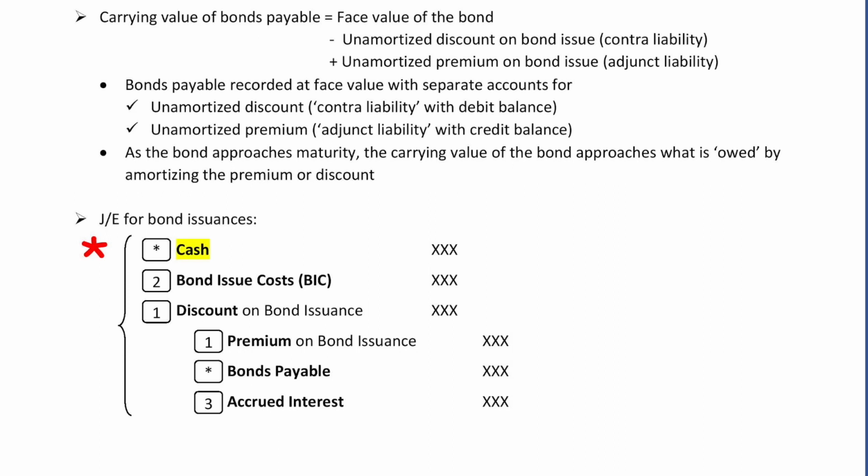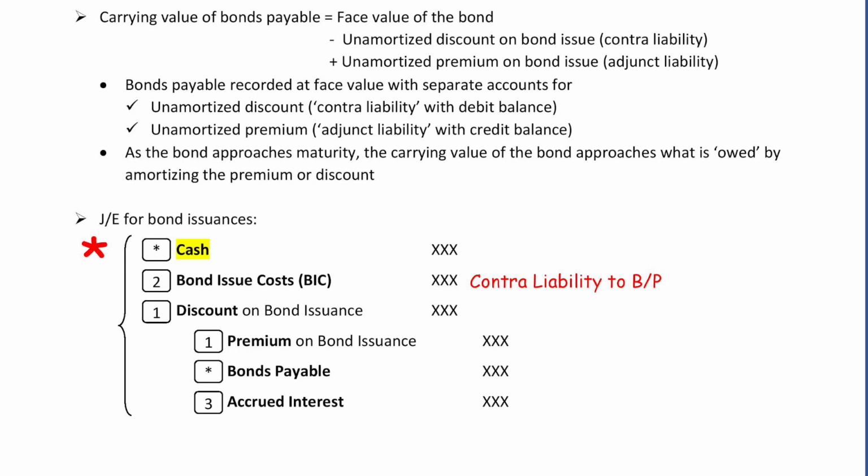On the balance sheet, BIC or bond issue costs are reported as a contra liability to bonds payable. So BIC is treated similar to discounts on bonds payable, and they're reported as an adjustment to the bond payable liability.